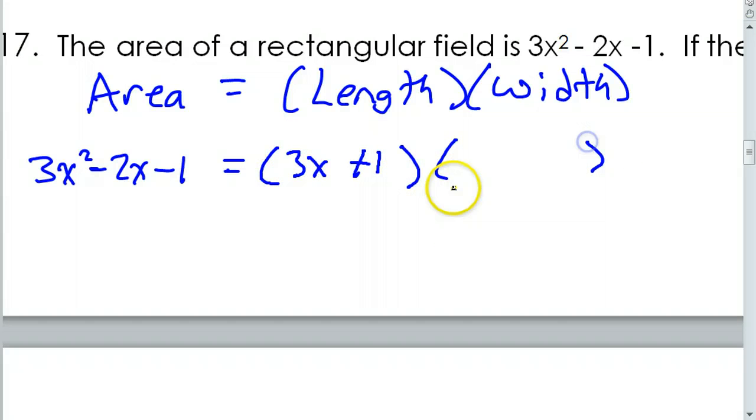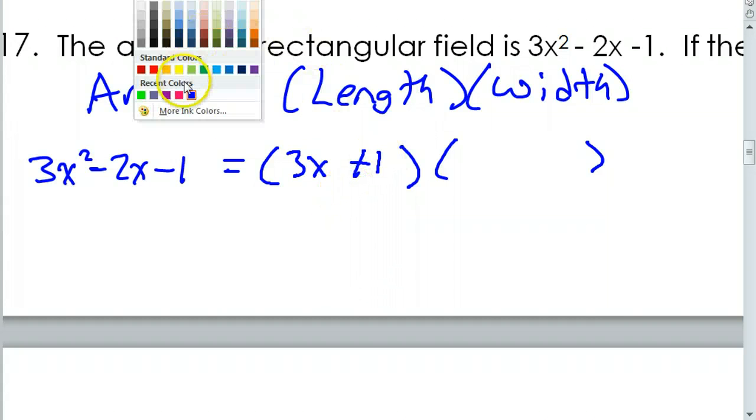The only thing that's missing is the width, and that's what we're supposed to find. But doesn't this look like factoring to you? I've got this trinomial, and it's equal to a binomial times something. So all we really have to do is factor this trinomial, and we'll find the missing part. And it's even easier than a normal factoring problem, because it's half done. The left half is already done for us. So that should make it extra easy.